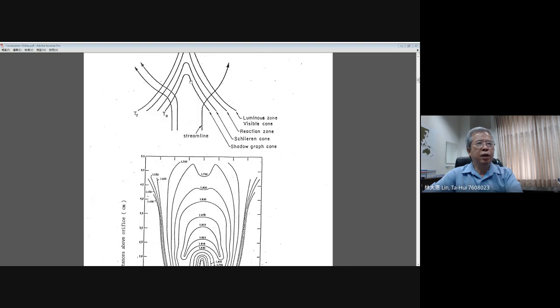You will first reach this position measured by the shadow graph, then the position for the cone measured by the schlieren. Then you go to the reaction zone, and then the luminous, visible zone. Finally, you have the highest flame temperature very close to this line.